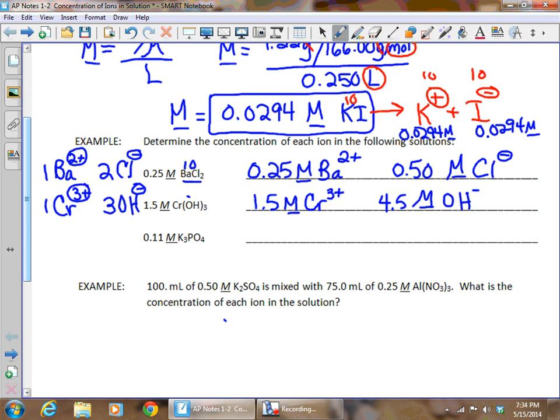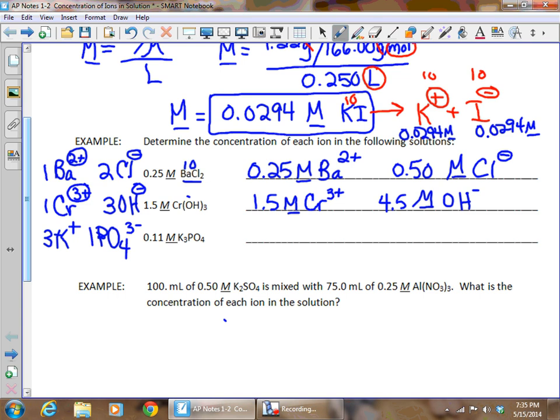Hopefully you tried that, and hopefully the first thing you did was to determine how many of each of the ions you have. Looks like we have 3 potassium ions, and hopefully you remembered that phosphate is a polyatomic ion. You've got resources to look that up. The phosphate is 3-, and there's only 1 of them.